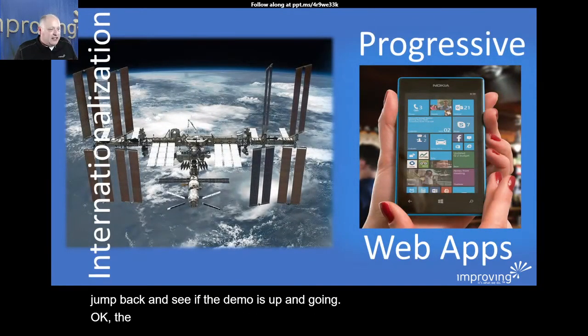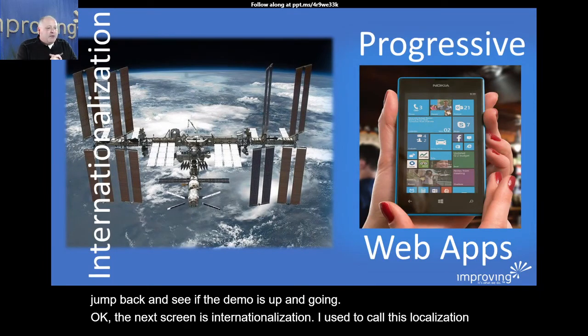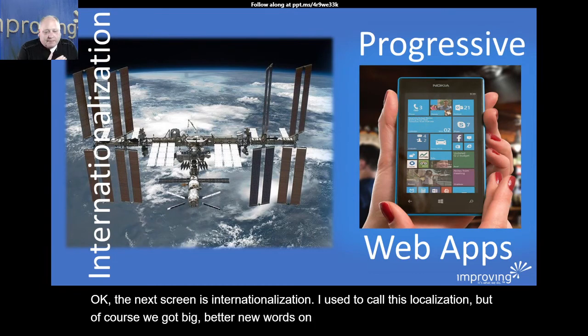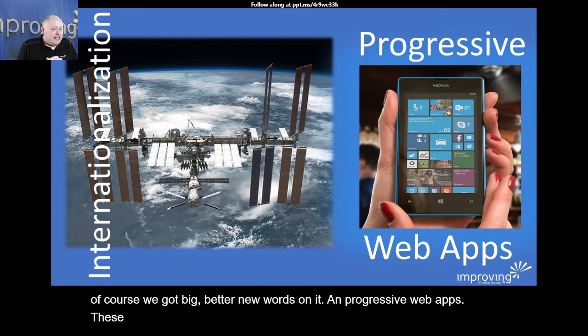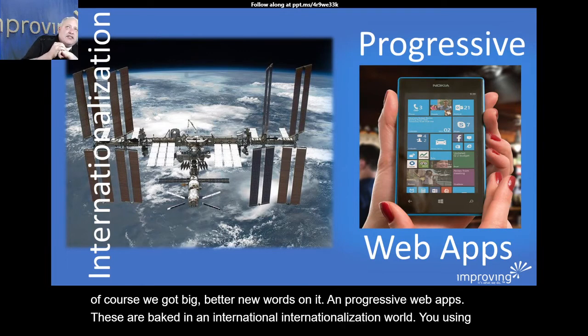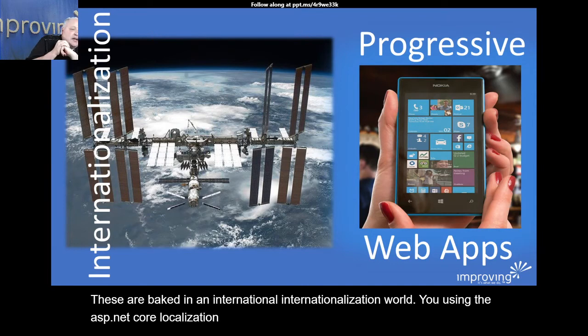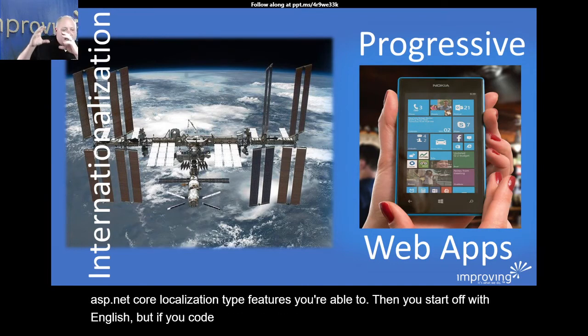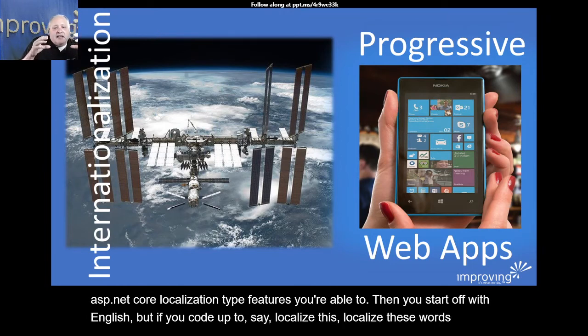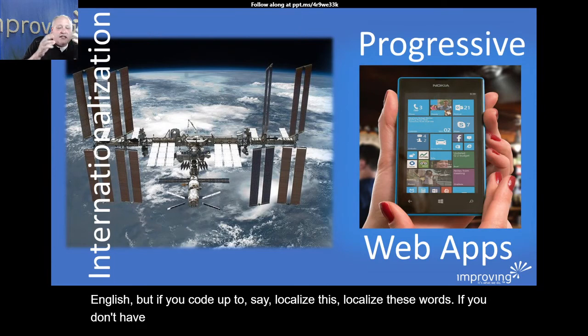I used to call this localization, but of course we got better new words on it, and progressive web apps. These are baked in, and in the internationalization world, using the ASP.NET Core localization type features, you start off with English, but if you code up to say localize these words, and you don't have anything configured to translate something to Spanish, you get back whatever you put in there.